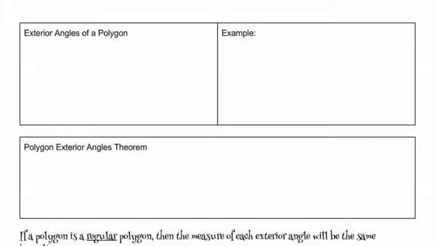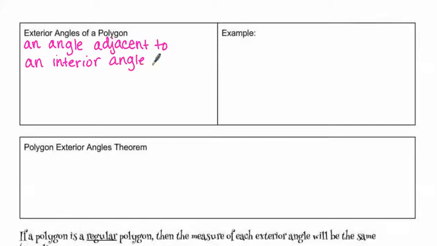So an exterior angle is an angle adjacent to, and remember we've talked about adjacent before, an interior angle of a polygon. An angle adjacent to an interior angle.